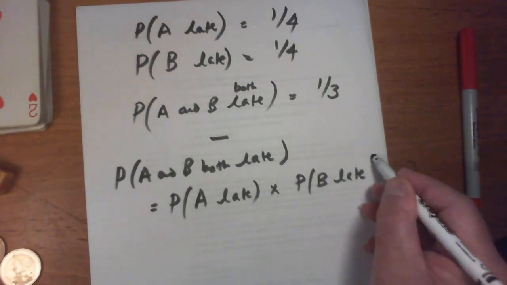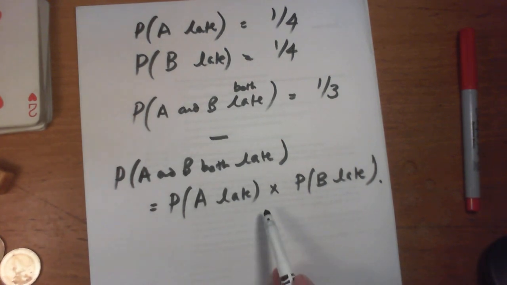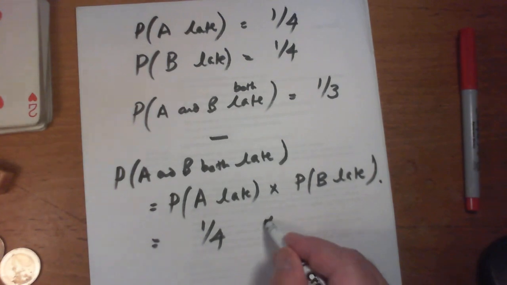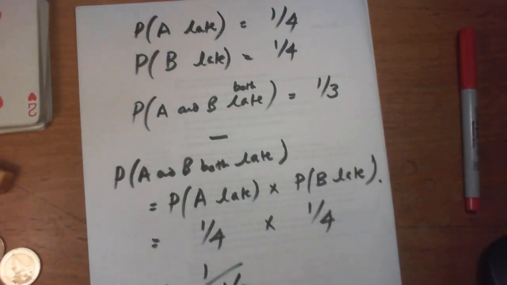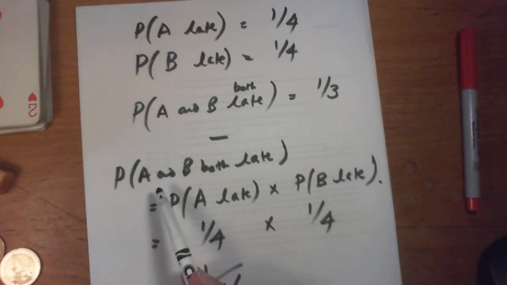If the situation is independent, then that rule works. So probability of A is a quarter, probability of B late is a quarter, so that's 1 over 16. If A late and B late are independent, then the probability that they will both be late on the same day is 1 over 16.